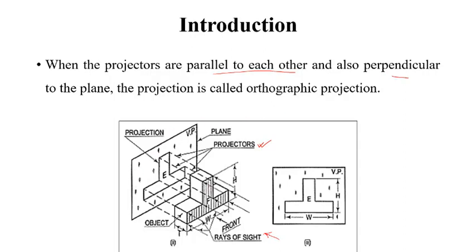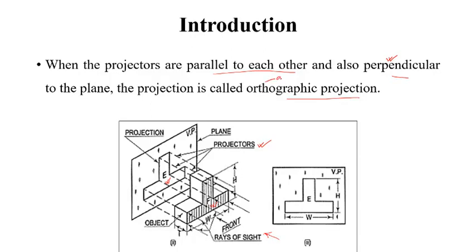When we place the plane behind, these projectors are all perpendicular to this plane, and after joining all these points in proper sequence, this figure will be represented here. As the projectors are perpendicular here, it is known as orthographic projection.